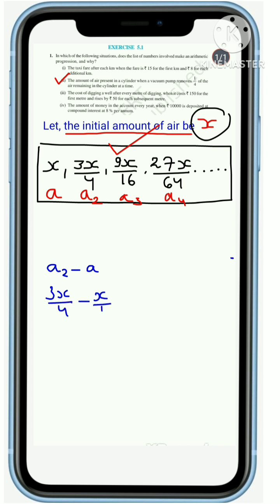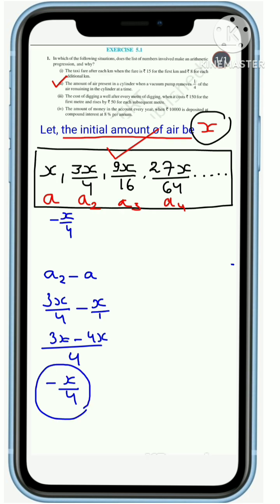Let's assume here 1, then here LCM of 4 and 1 will be 4, and here will be 3x minus 4x. After subtracting we obtain minus x by 4. So difference between x and 3x by 4 is minus x by 4.